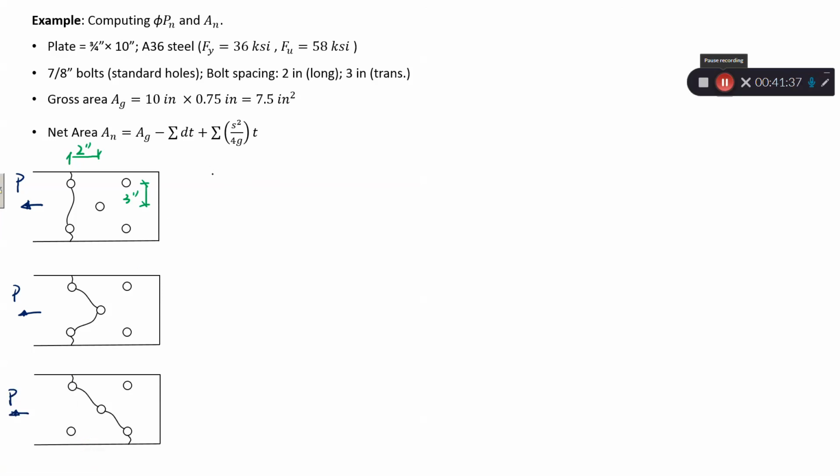Before that, we need to determine the hole diameter. Remember, it says we have standard holes, so the hole diameter is the bolt diameter plus 1/8 inch. That equals 7/8 plus 1/8 equals 1 inch. So the hole diameter is just 1 inch.